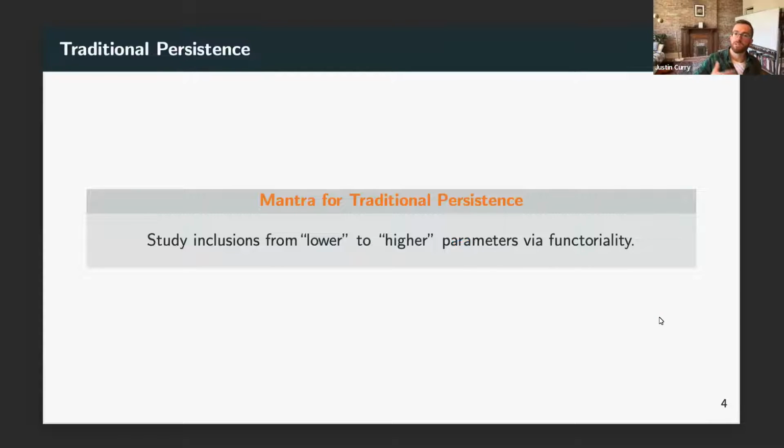And the mantra that traditional persistence uses is that this family of spaces that data sets fit into usually are ordered in one way or another. There's usually a closer range and a larger range, or a denser regime or a sparser regime. And you want to understand how things like homology vary as you move from one parameter value to the next.